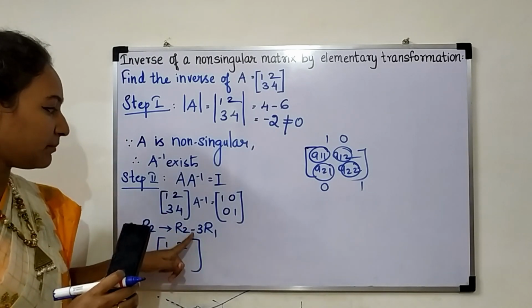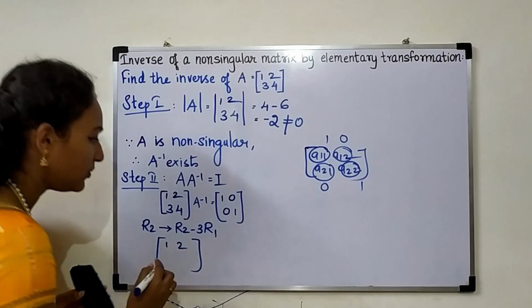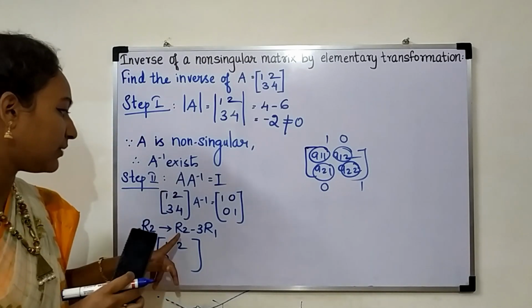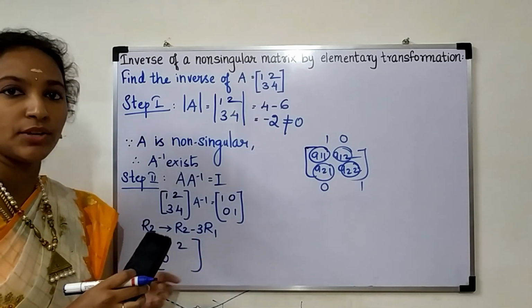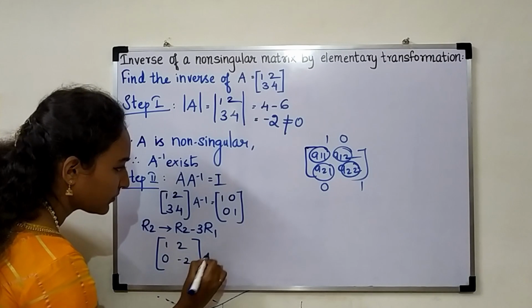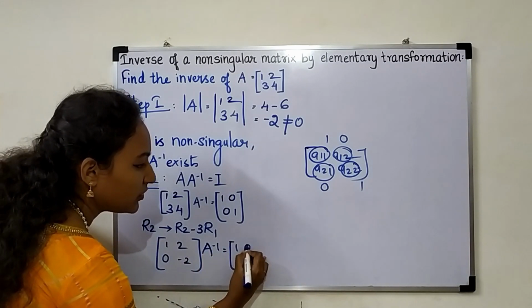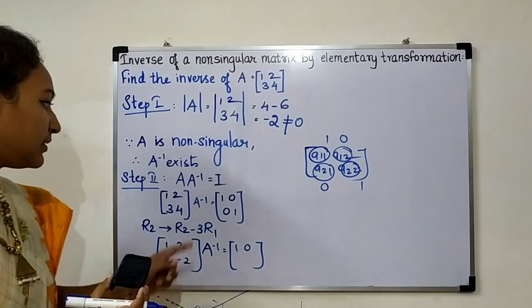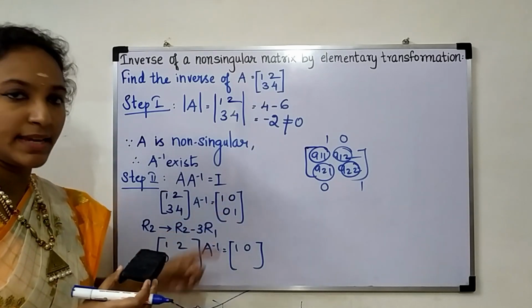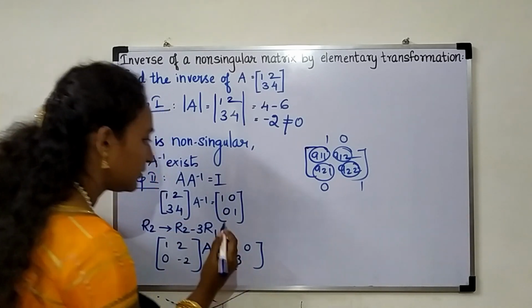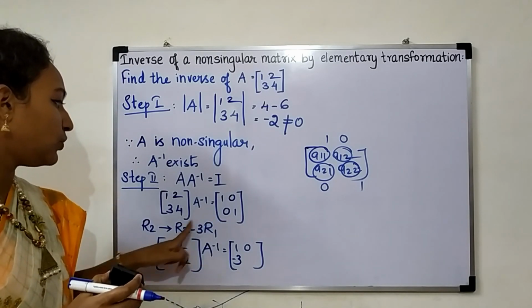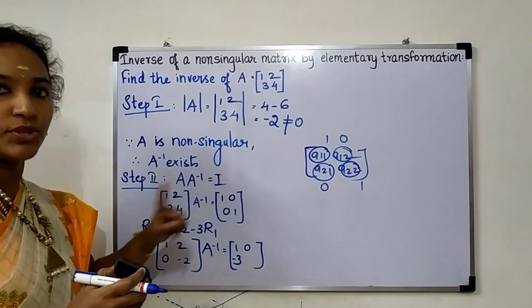So 3 minus 3 into 1 will give you 0 and 4 minus 3 into 2 will give you minus 2. A inverse: here also row 1 as it is. 0 minus 3 is minus 3 and 1 minus 3 into 0 is 1.